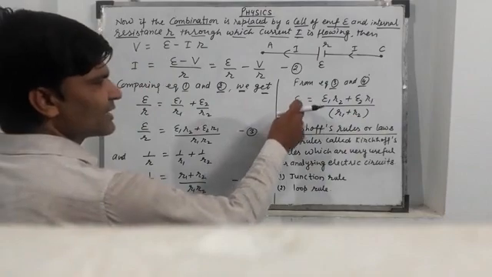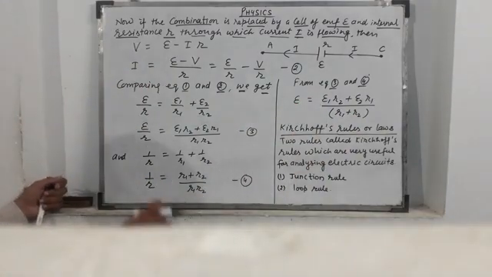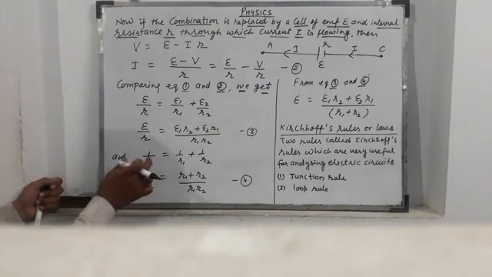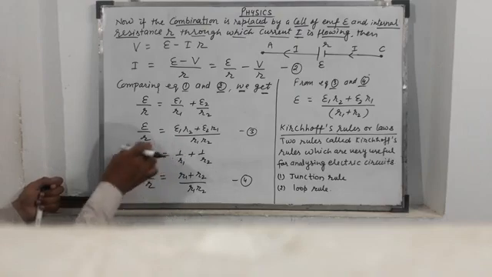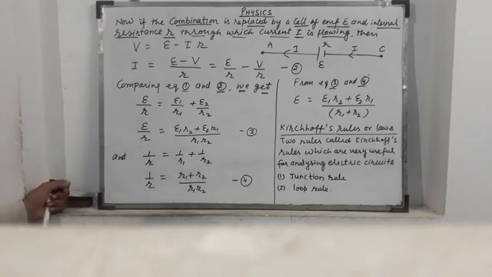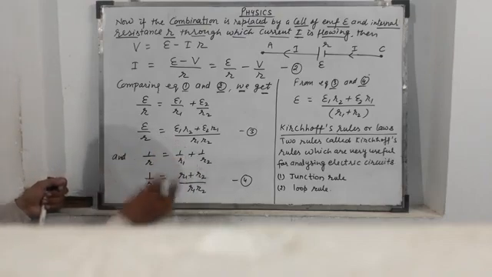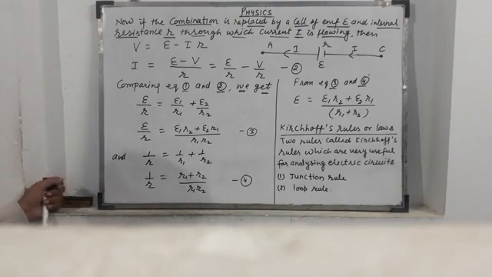This is the resultant EMF and this is the resultant internal resistance. In case of parallel combination, internal resistance decreases. When you calculate by this formula, this is similar to resistances in parallel, and as you know, in series resistance increases and in parallel resistance decreases.